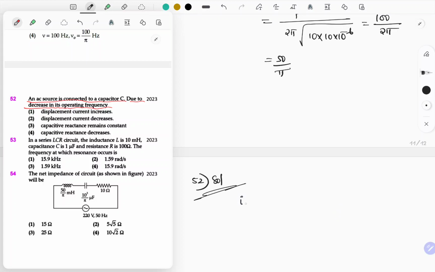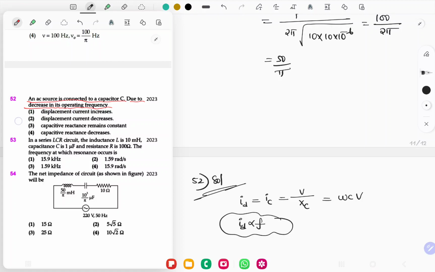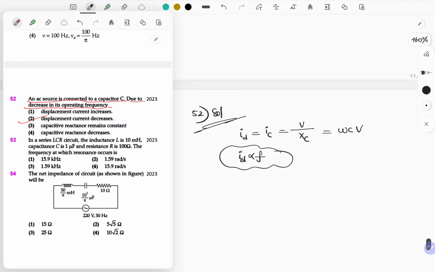Displacement current is the same as capacitor current, which can be replaced as V by XC, where XC is 1 by omega C. Then you are going to get omega into C into V. So displacement current is directly proportional to frequency. So as operating frequency decreases, definitely displacement current also decreases.